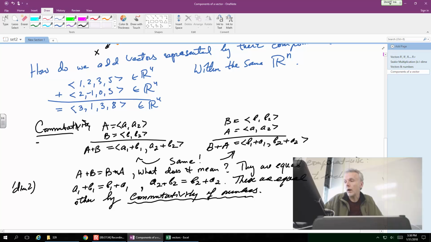So commutativity of vectors, that's what we care about right now. Where does it come from? It comes from commutativity of numbers.